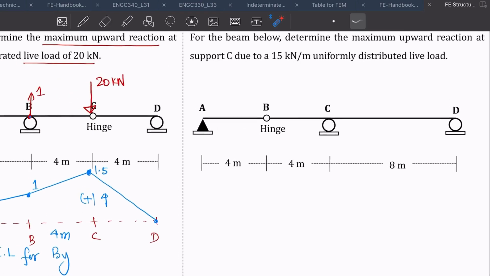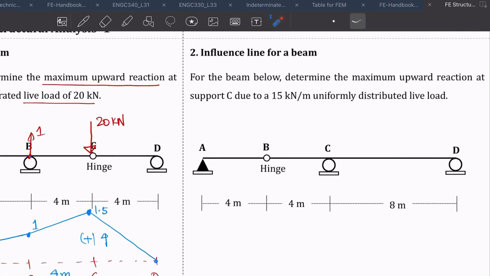Another variation that you can expect is for a beam below, you want to have a maximum upward reaction at a support.